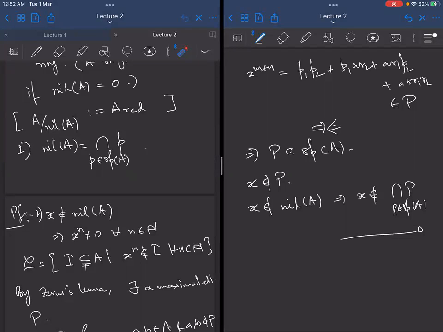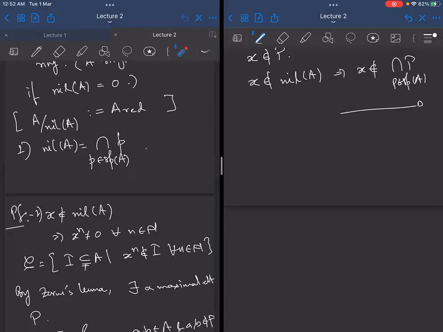Okay, so what we could see is that the nilradical becomes the intersection of all the prime ideals of A. But remember, in the last class we did one result which says that the nilradical is contained in the set of all zero divisors, and thus we will prove some similar result for zero divisors also.